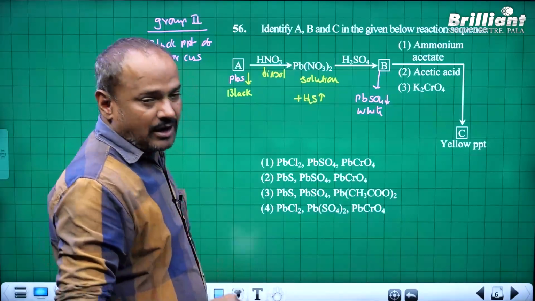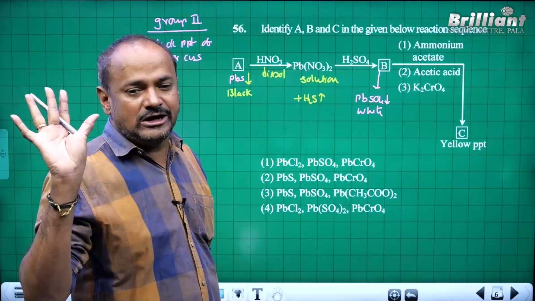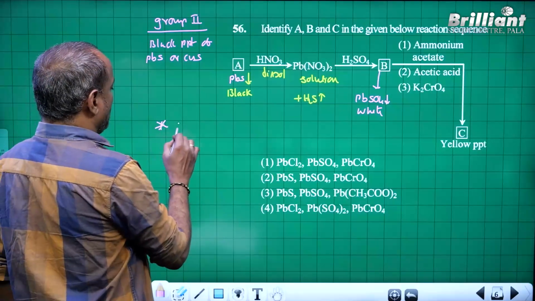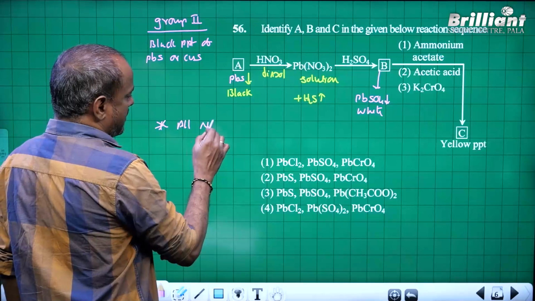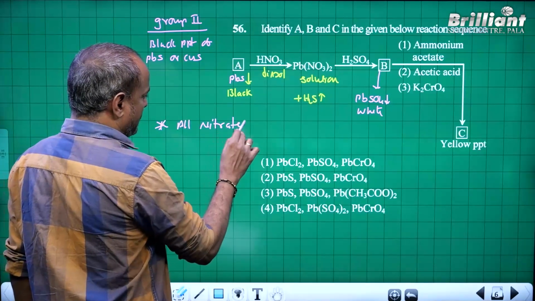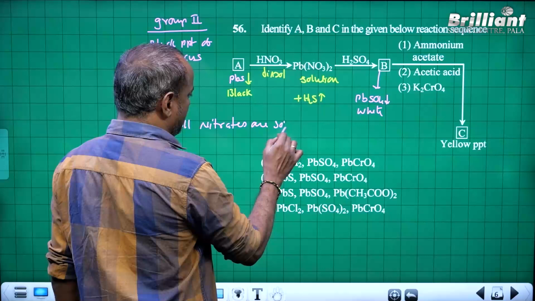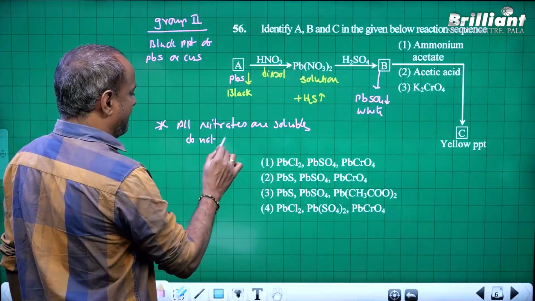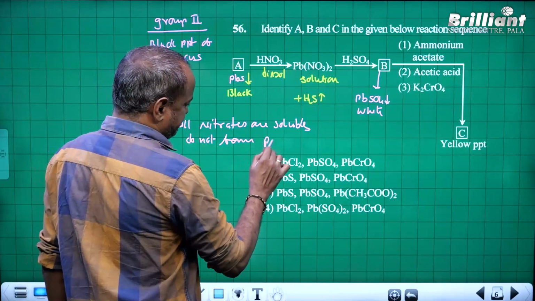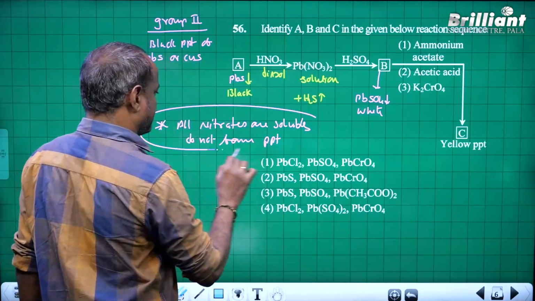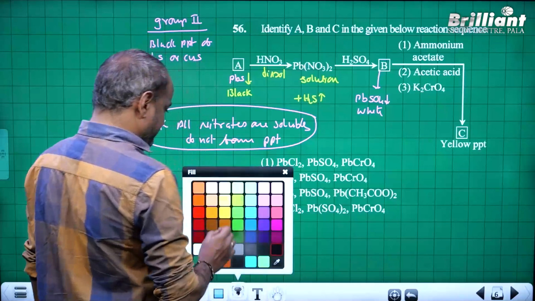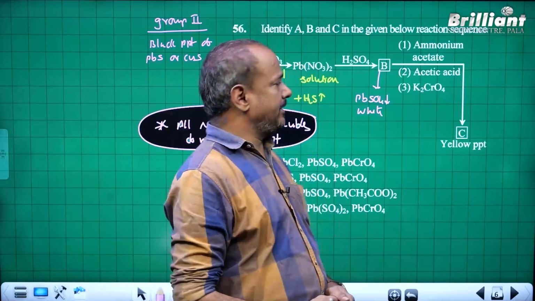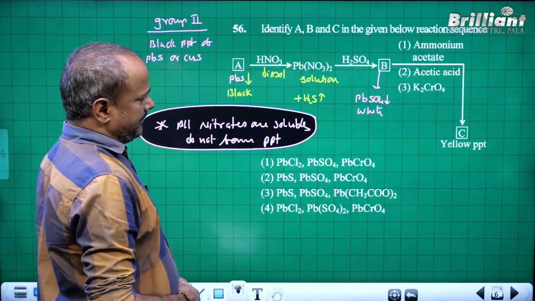One rule is there, all nitrates are soluble, do not form precipitates. That is why we can take nitrate solution but not PPT. Lead sulfate is a white PPT.